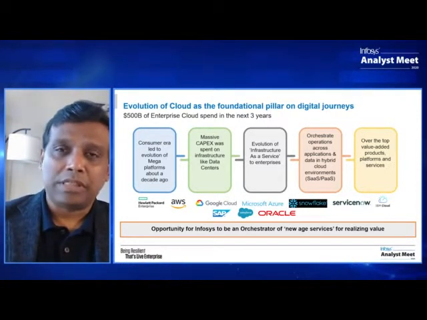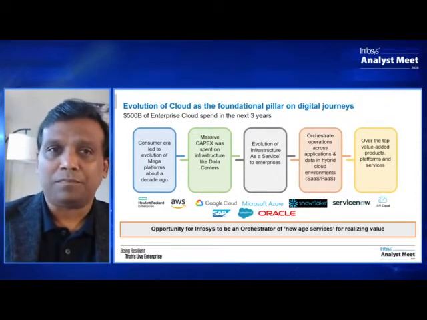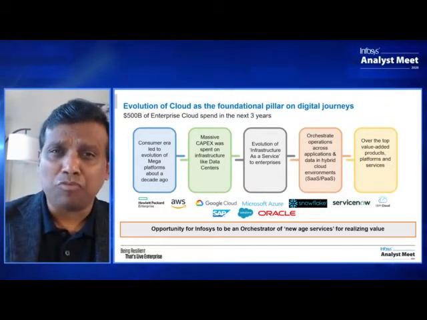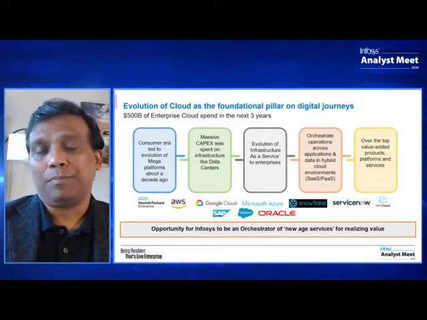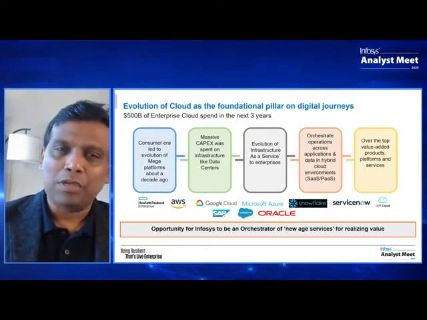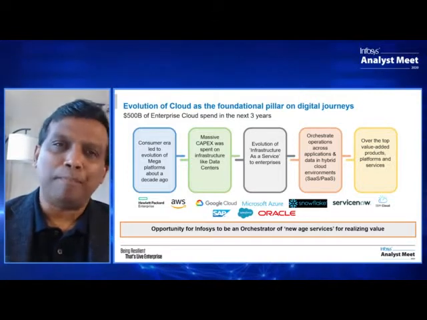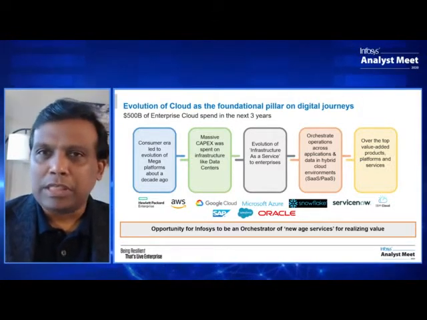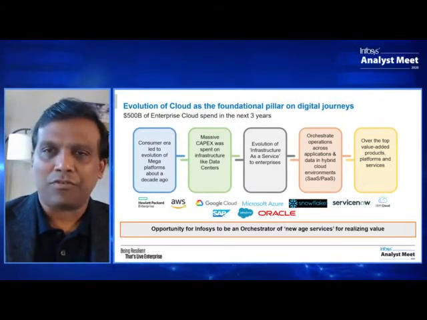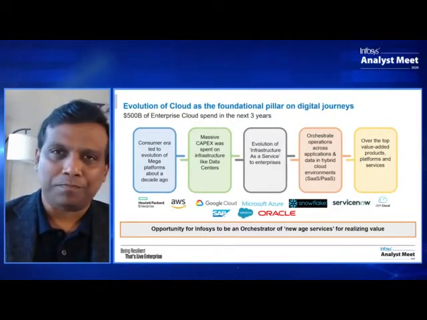Between 2007 to 2017, we call it the consumer era, and we saw a proliferation of mega platforms, which were riding on the massive capital outlays in telecom infrastructure. These platforms were consumer-centric and they were global in nature.